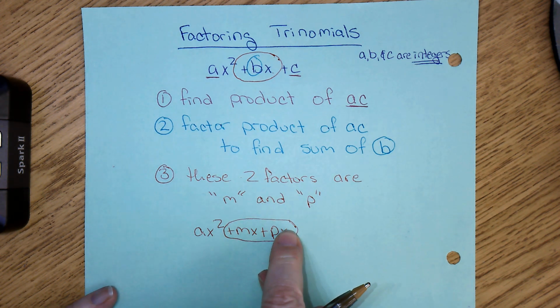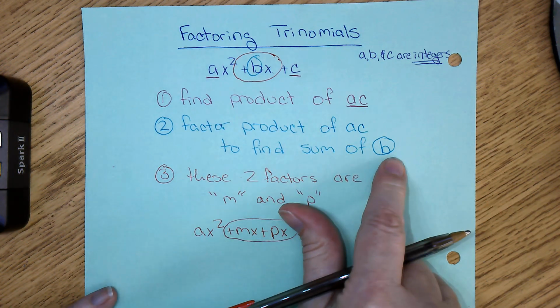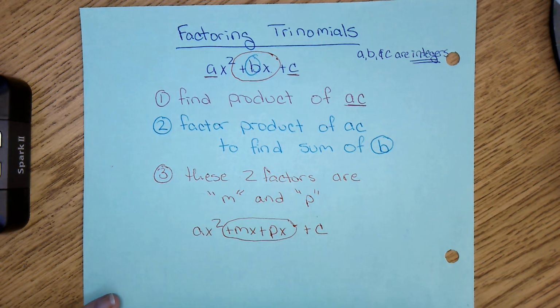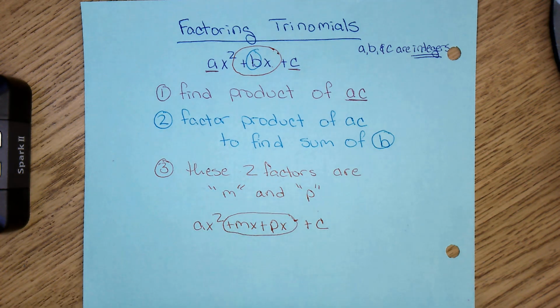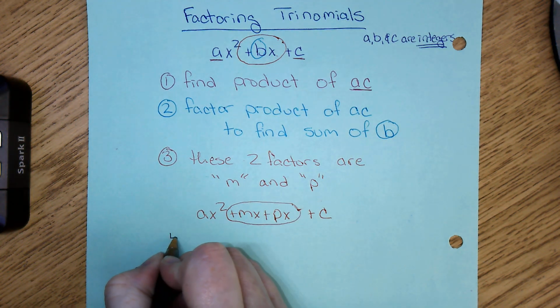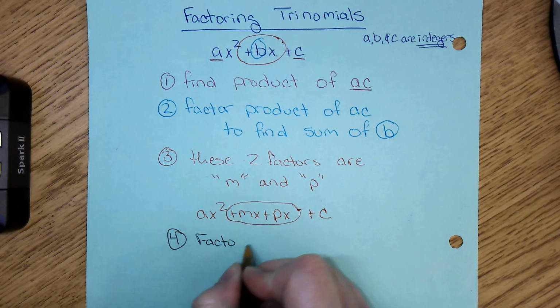And when you add mx and px together, you'll get your bx, hence the sum of b. And your c term stays the same. All right, so once you have these 4 terms, then we can hit what we learned in 9-5, where we factor by grouping.